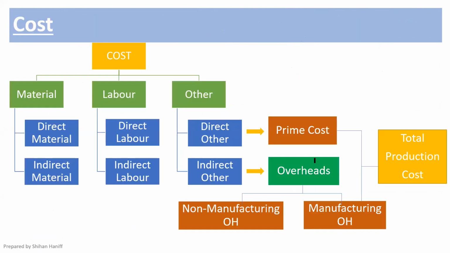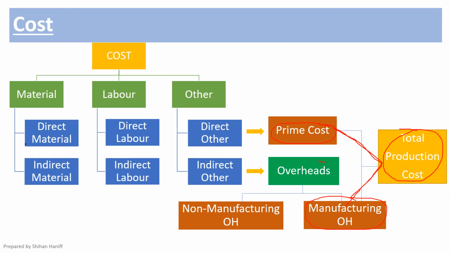So this is how you calculate the total production cost. So if you can remember the manufacturing account, we calculate the total production cost by taking the prime cost and manufacturing overhead or the factory overhead. These two, prime cost and manufacturing overhead, are the total production cost.